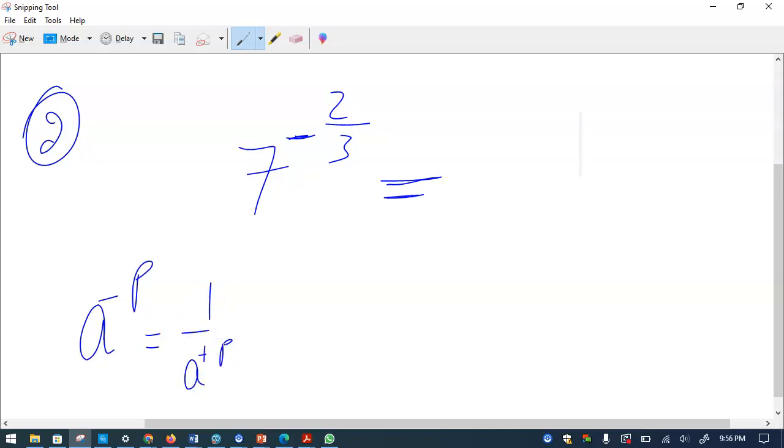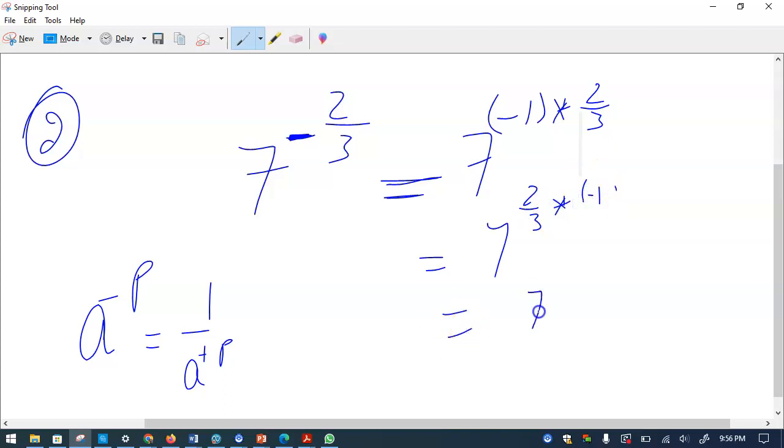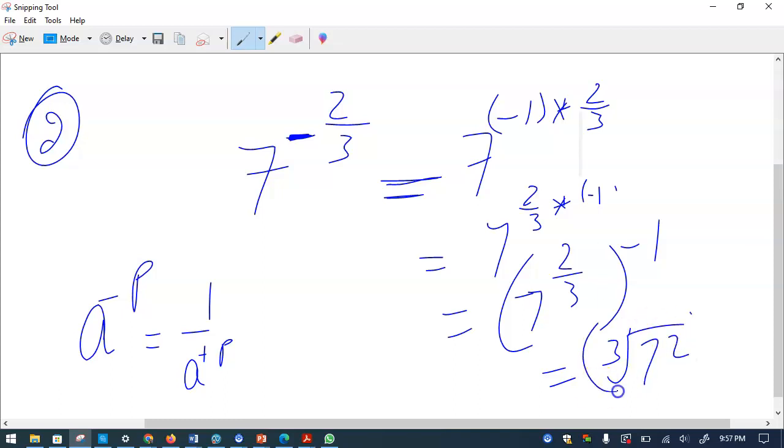But last class we have seen, if this is negative, we can always write it as 7 raised to minus 1 times 2 raised to 3. Using the power of a power, this is the cube root of 7 squared, raised to minus 1.